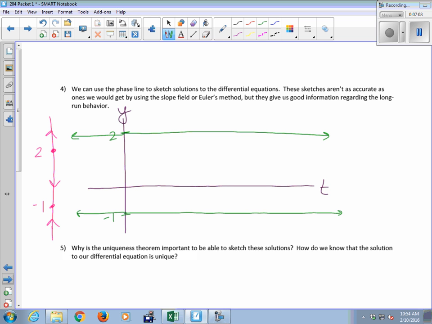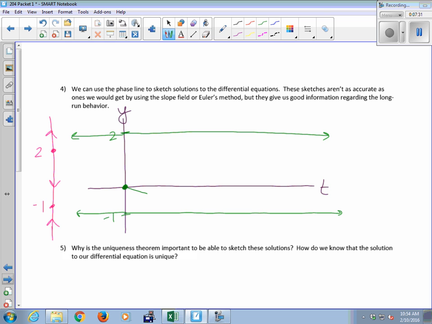So let me pick that random initial value of 0. y of 0 is 0. So I'm between -1 and 2. So my derivative is negative, right? When a function's derivative is negative, what does that tell you about the function itself? It's decreasing, from Calc 1, right? So as I move from left to right, my function has to be decreasing and go through that point.